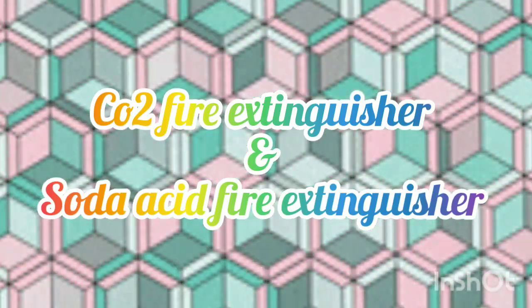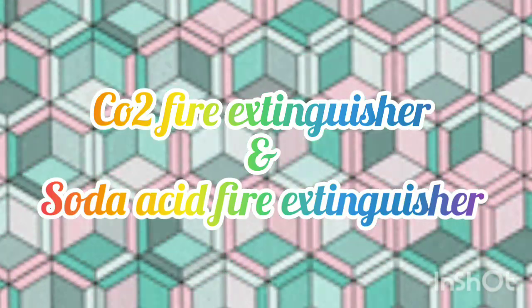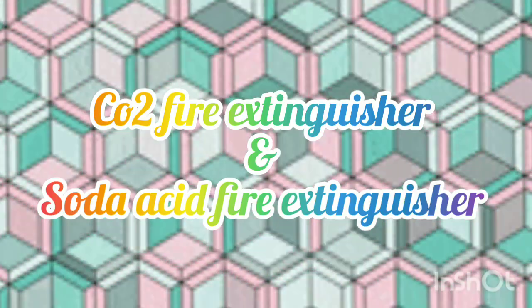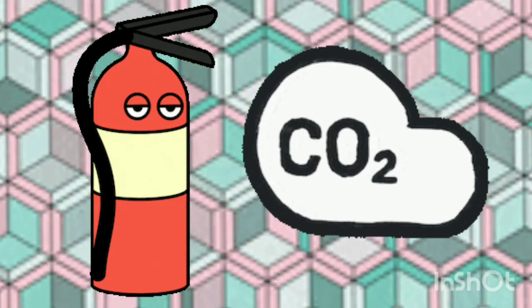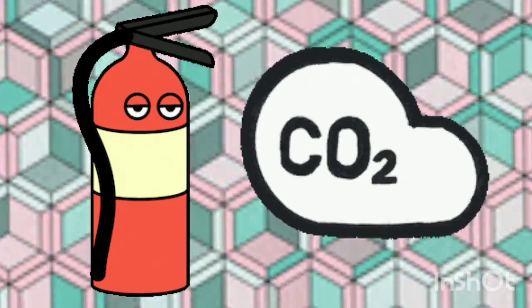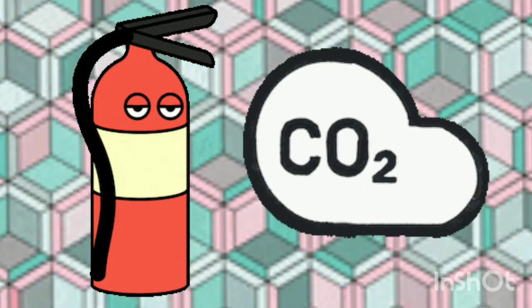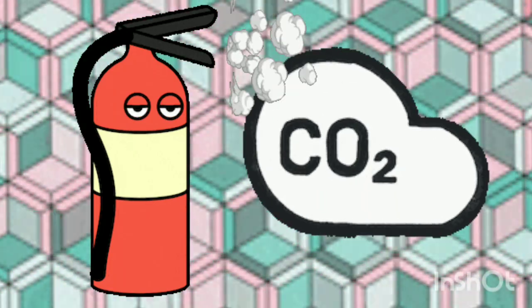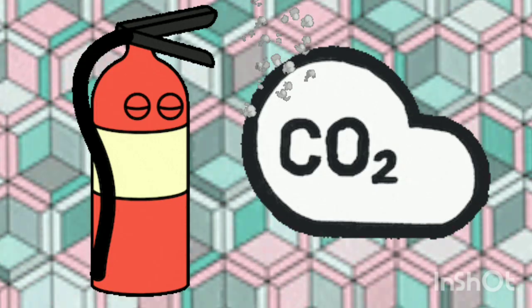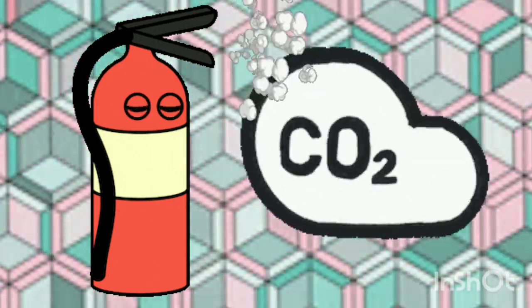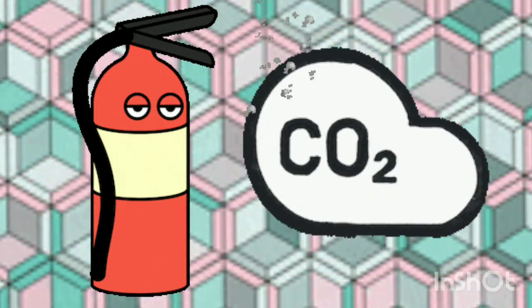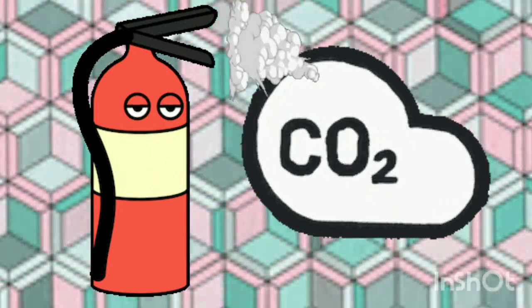What is a carbon dioxide fire extinguisher? It consists of carbon dioxide filled in a cylinder under high pressure. That is, carbon dioxide gas is filled in a cylinder with high pressure. That is called a carbon dioxide fire extinguisher.